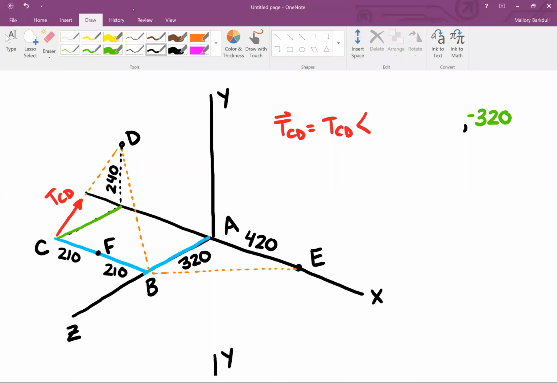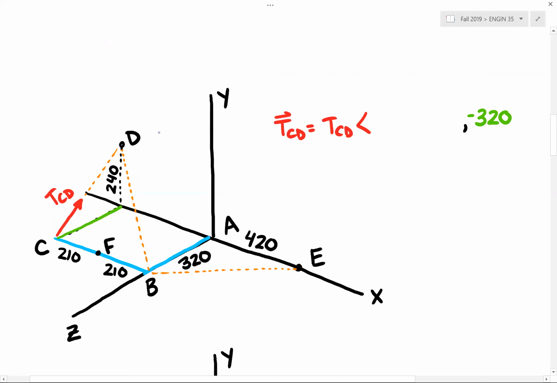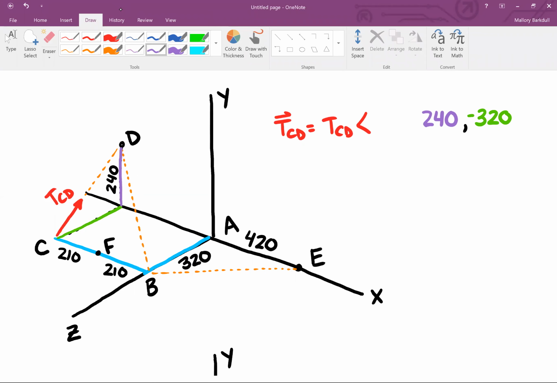And then after that, I go positive 240 in the y direction.